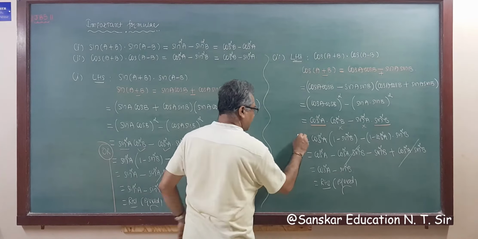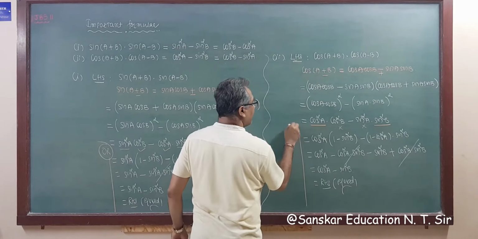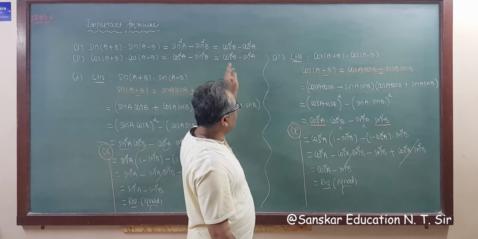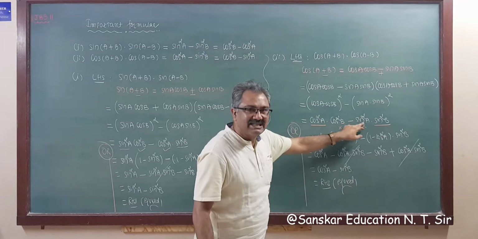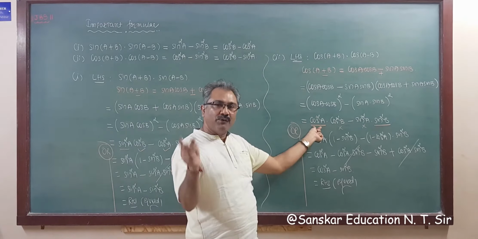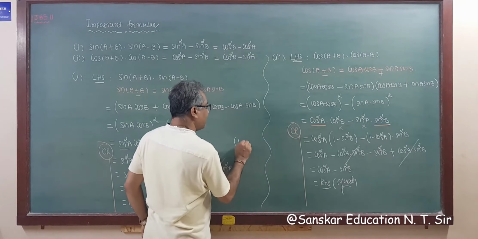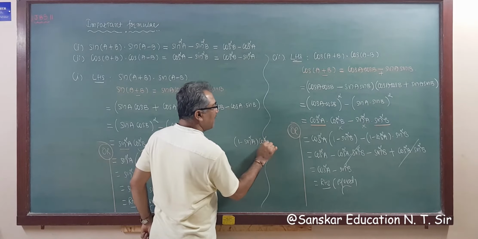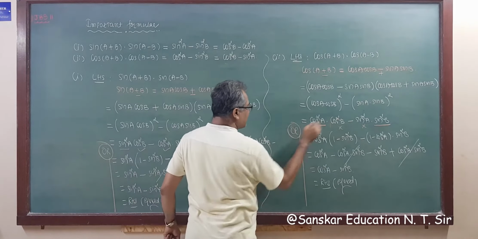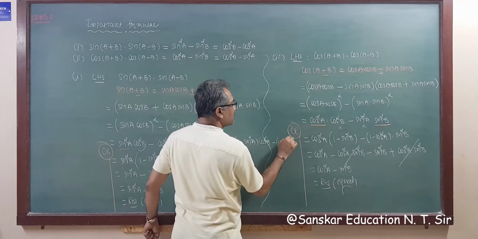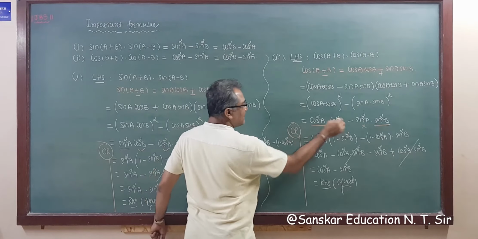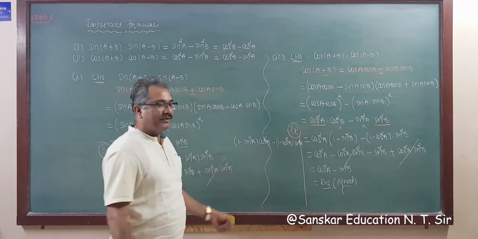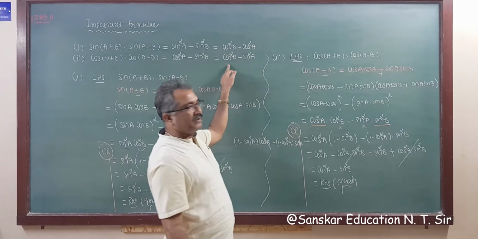Keep this, you require this cos square B and sin square A, so change this cos square to 1 minus sin square, so 1 minus sin square A into cos square B, minus, change this sin square into 1 minus cos square A, and this sin square B remains as it is. Multiply, simplify, you will get your answer, this one, right?